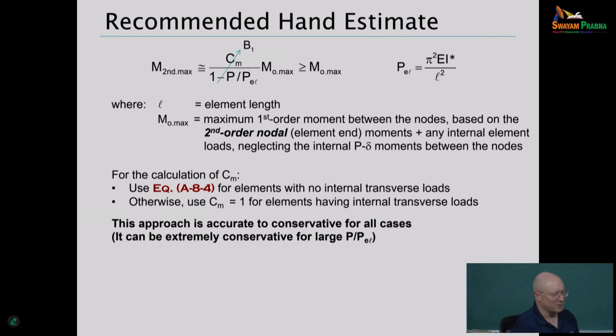It can be conservative for a lot of situations, but typically the element length that we're exploring is not large, and we can live with this conservative approximation because often we'll find that the calculation gives us a number less than 1 for B1. We take B1 equals 1.